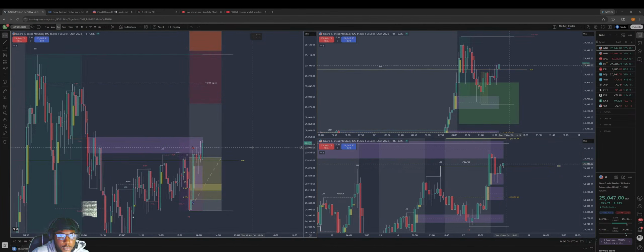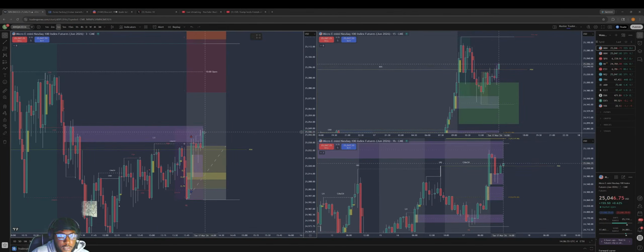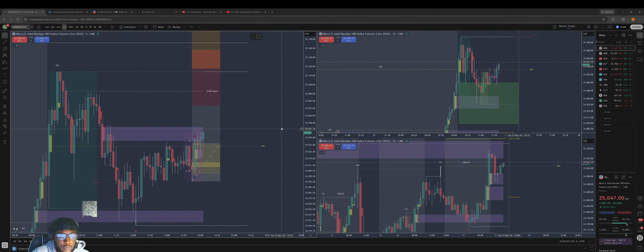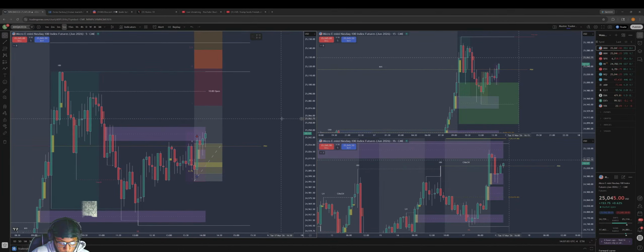We just need to see some momentum, some strong price action, some strong movement.